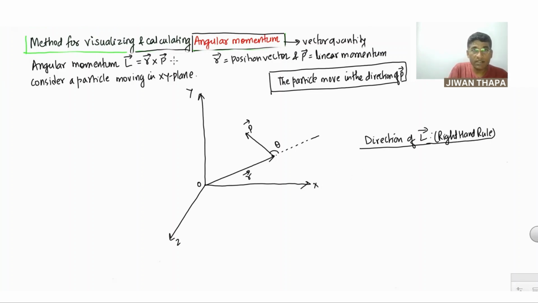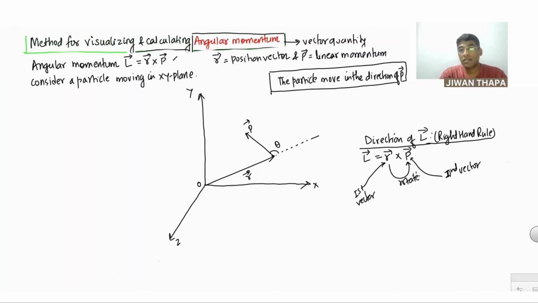Now I am rewriting angular momentum in vector form. So we have this. This is the first vector, and this is the second vector, and we rotate the first vector towards the second vector in order to find the direction of angular momentum. Now let us consider the right hand.